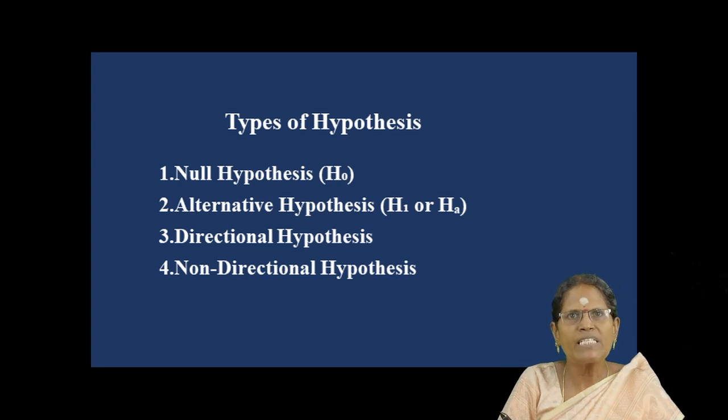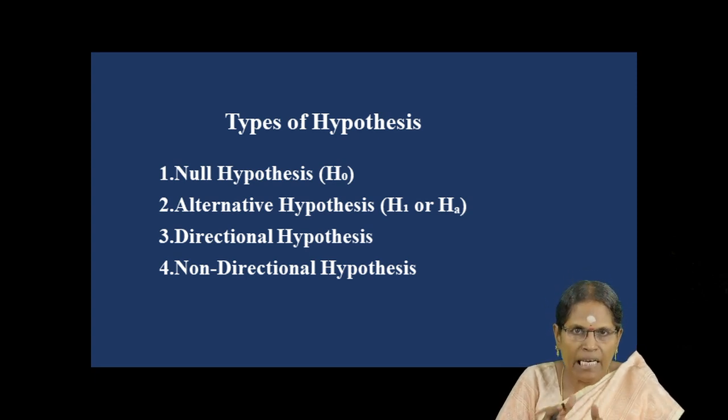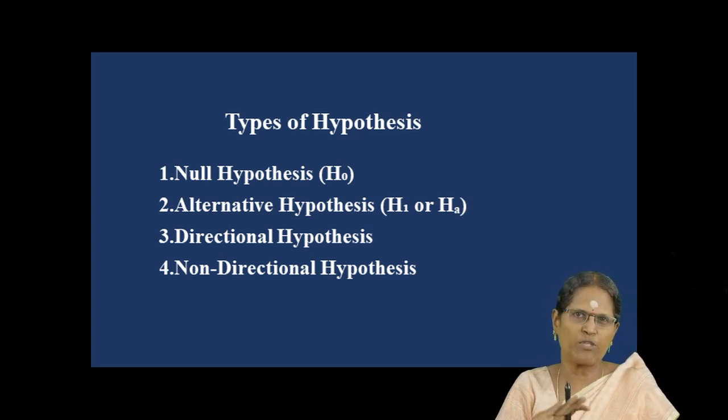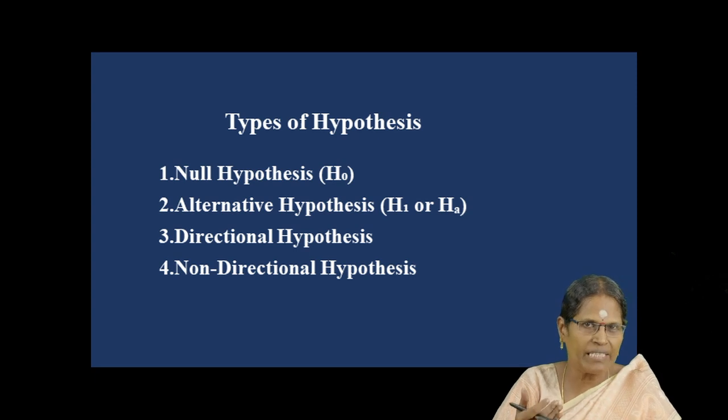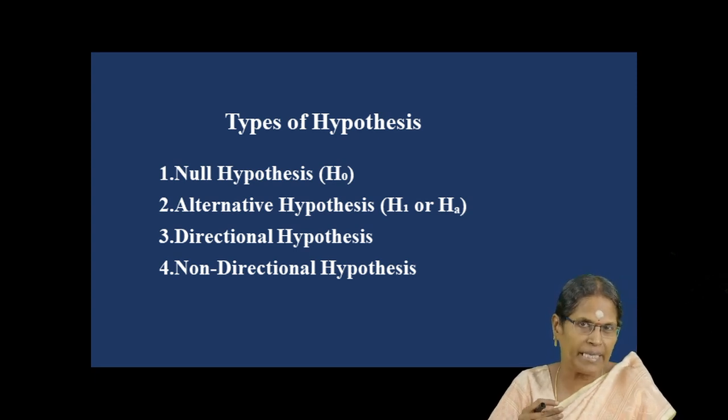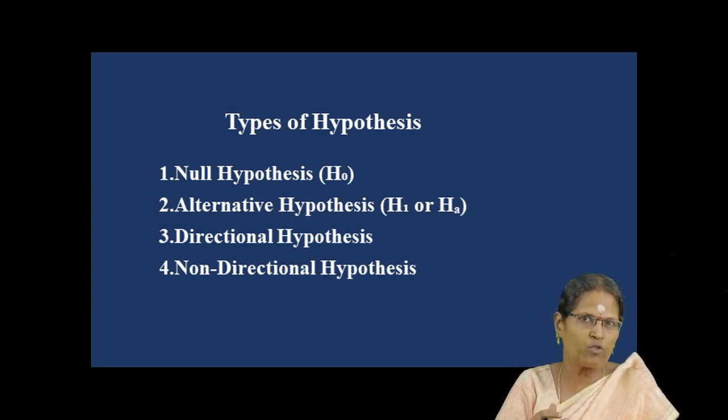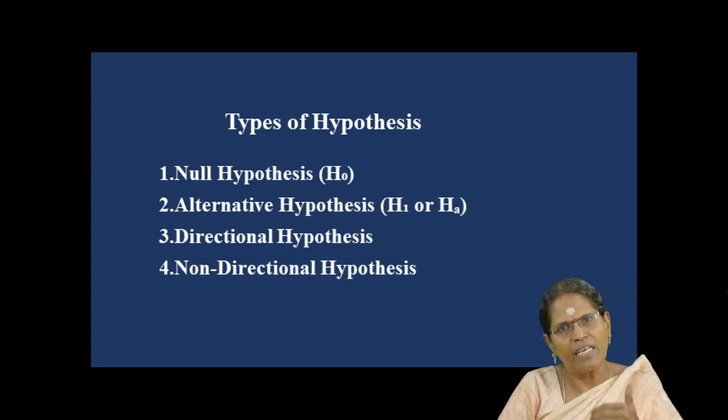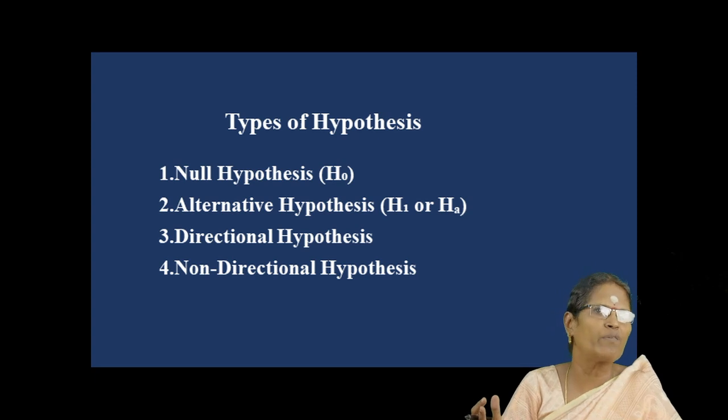When the hypothesis states the relationship, whether there is a positive relationship or a negative relationship, that is, when it states the direction of the relationship, such a hypothesis is called a directional hypothesis. For example, we can say an increase in advertisement increases the amount of sales.